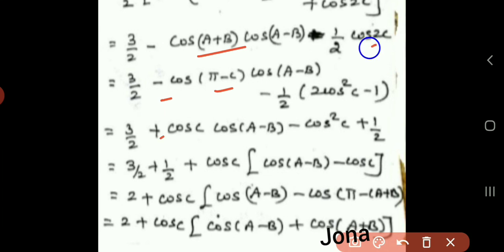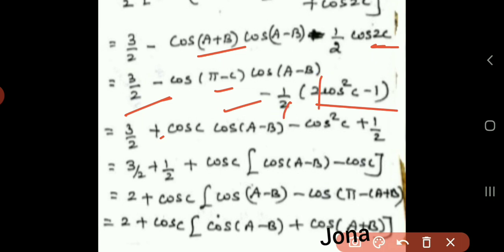Okay, and then keep the other terms as it is. Instead of this cos 2c, we can write 2 cos square c minus 1. And then again we want to simplify that. Okay, so here I have 3 by 2 as it is, and then this cos c into cos of a minus b as it is there. Here multiply with this half inside the bracket, so I can have this 2 and 2 will get cancelled.